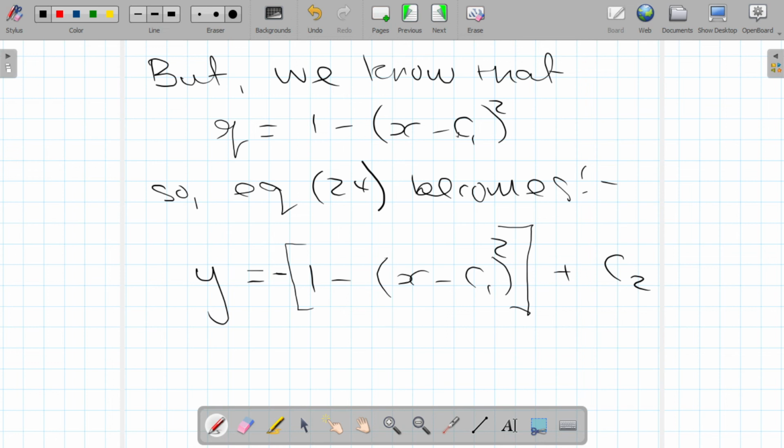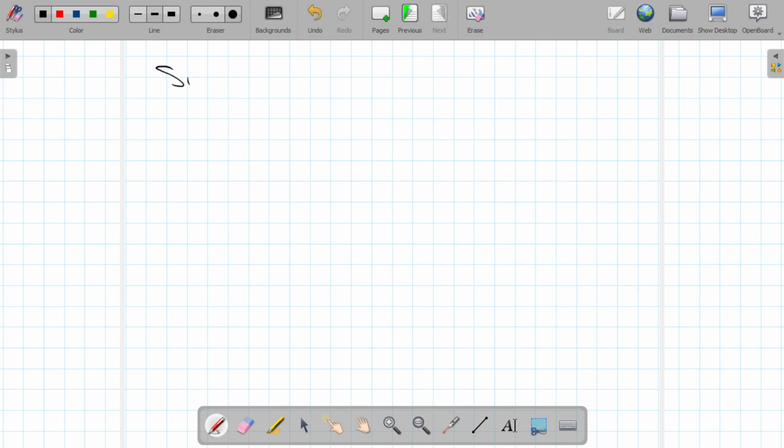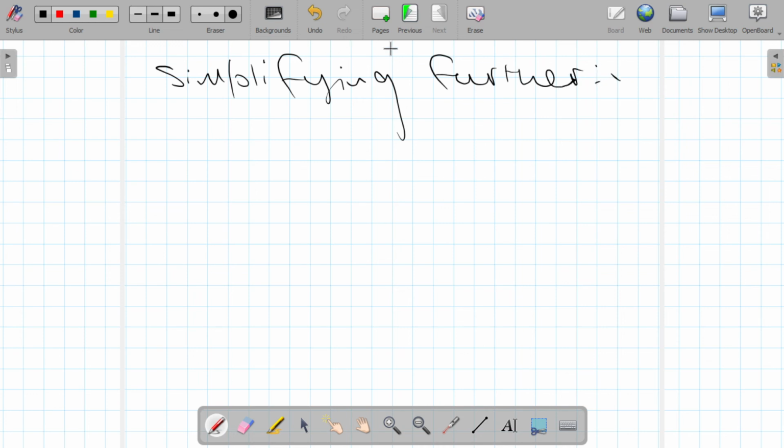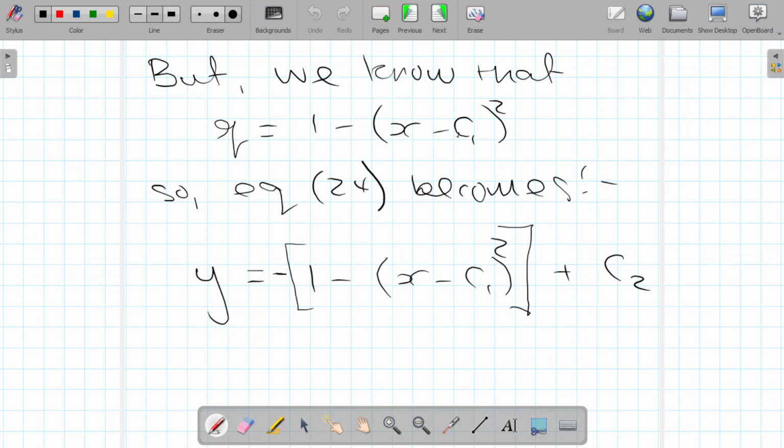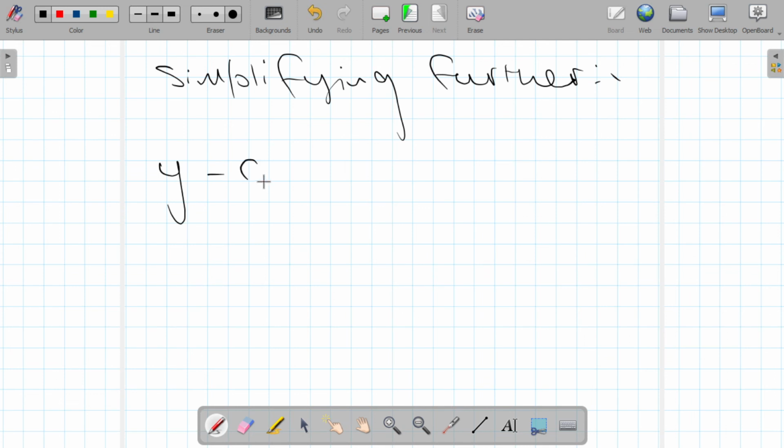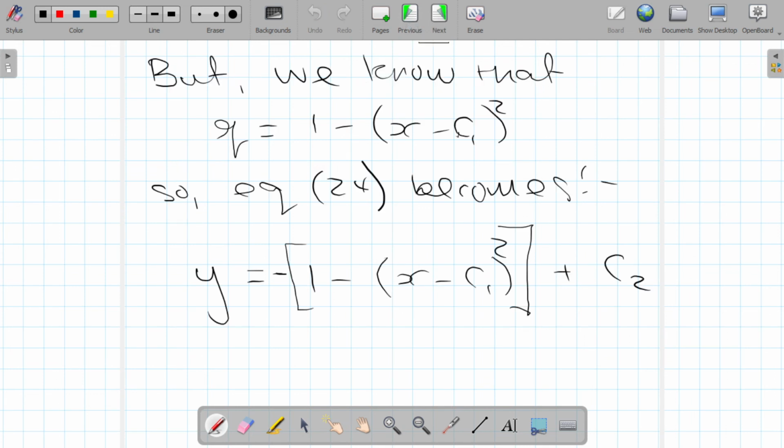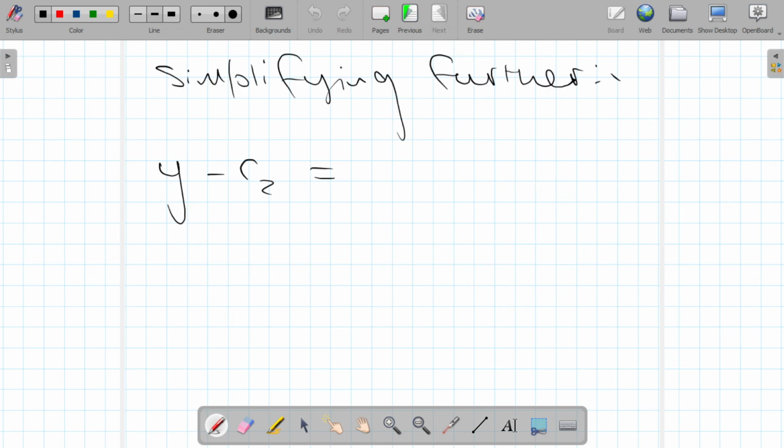So, simplifying further, what we want to do is bring the c2 over to the left-hand side. So we get y minus c2, and that's equal to minus, in brackets, 1 minus x minus c1 squared. And is that raised to the power or anything? Let me have a look.